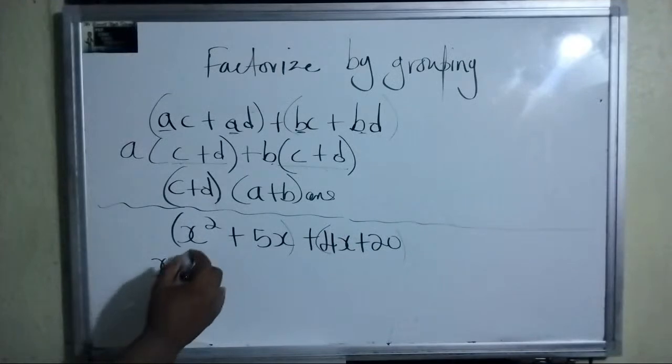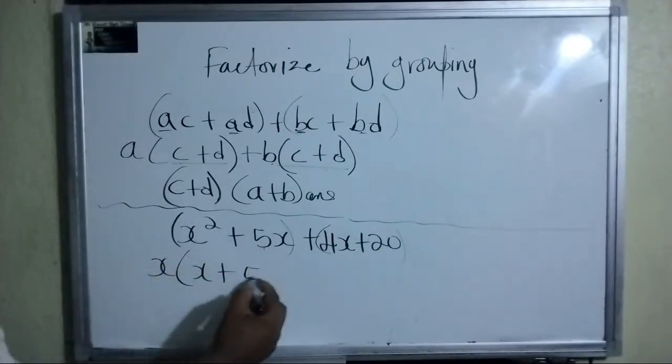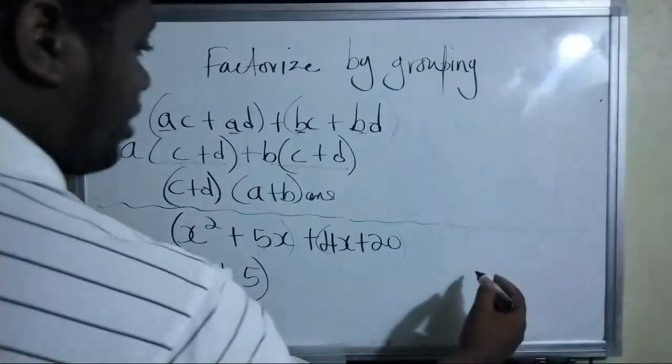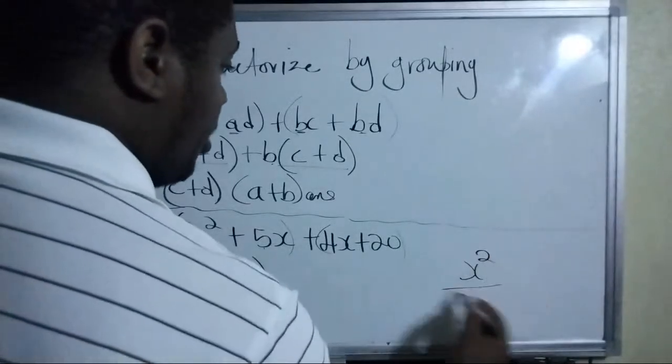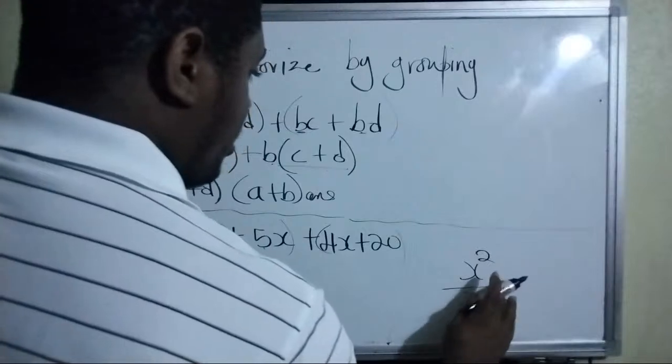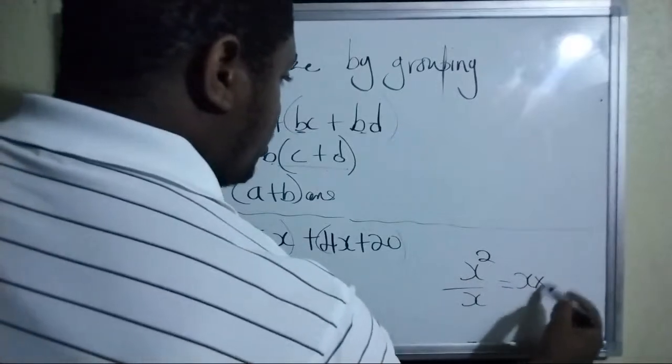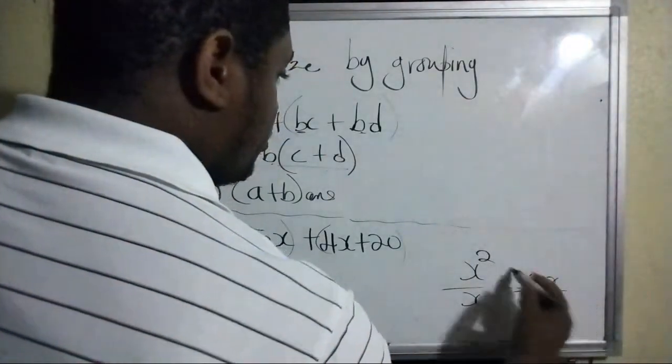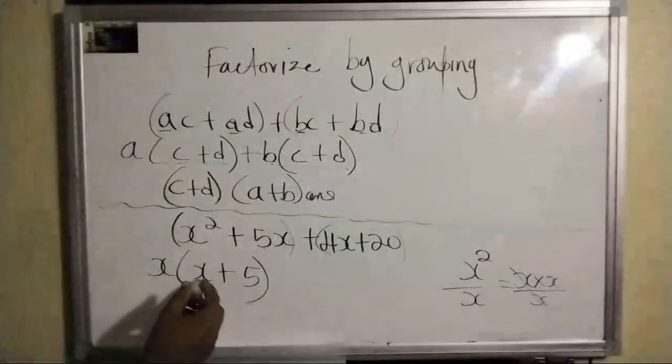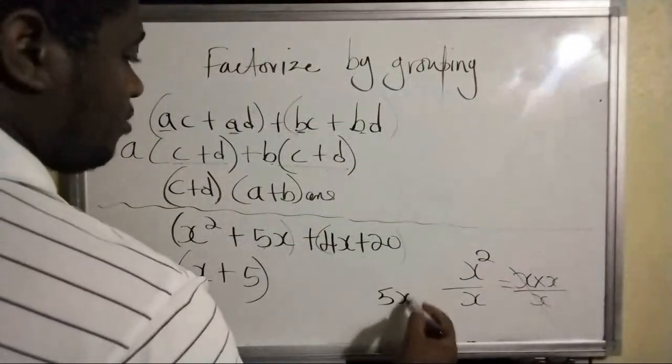X into x leaves x, x into 5x leaves 5. And for those who might not know, since this is the early part, I'm going to show the steps. So we have x times x divided by x, so we leave x, and we have 5x divided by x.